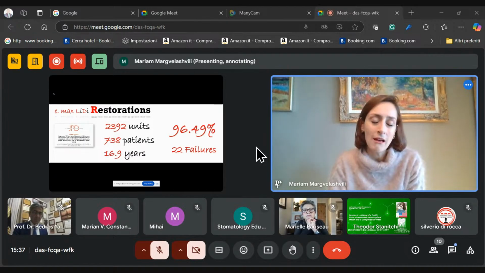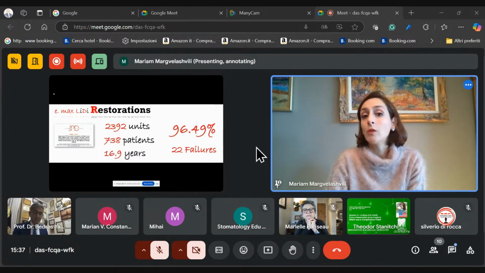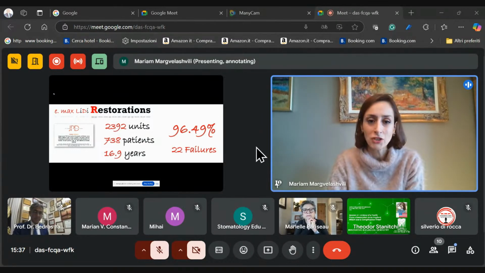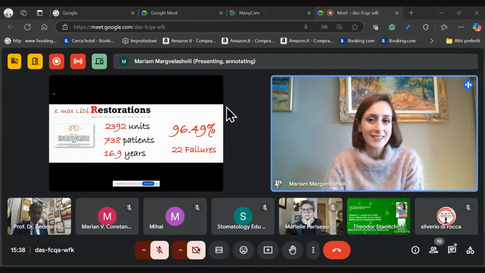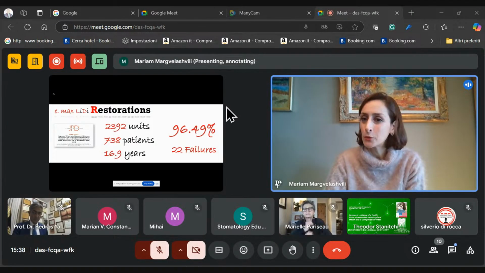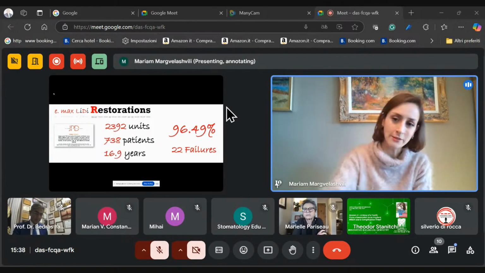We really have large data, almost 2,400 restorations and over 700 patients, and almost 17 years of follow-up. We recorded 22 failures, and this resulted in 96.49% survival.